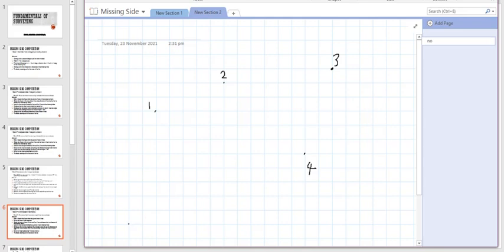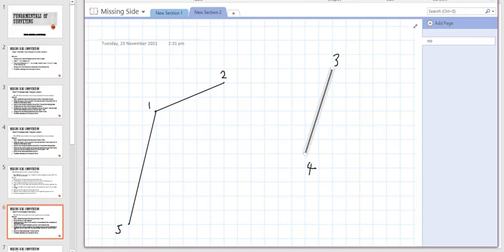Let's say point 5 to 1 is known, then point 1 to 2 is known or given, then 2 to 3 unknown, 3 to 4 known, and 4 to 5 unknown.